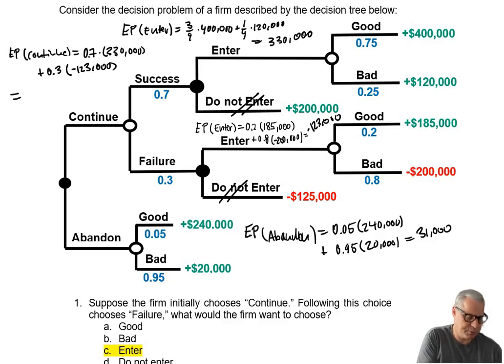So let's do the math. 0.7 times 330,000 plus 0.3 times negative 123,000, and then I get 194,100.